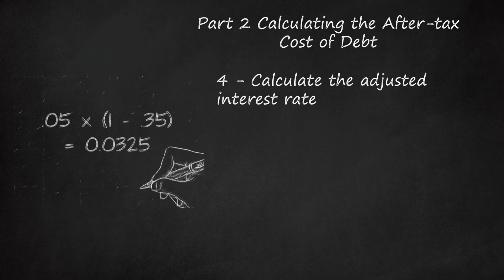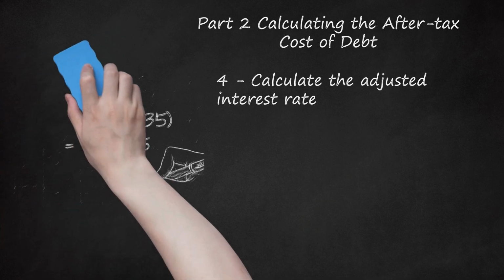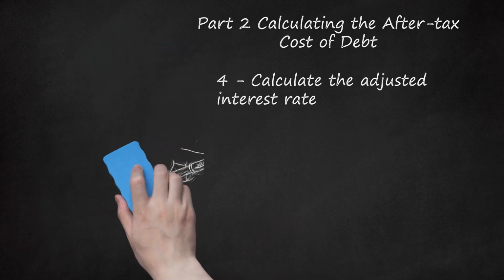In this example, the after-tax interest rate is 3.25%. The after-tax cost of debt would be calculated using the 3.25% adjusted interest rate. In the finance industry, cost of debt is usually represented using this adjusted interest rate, rather than as a dollar amount.